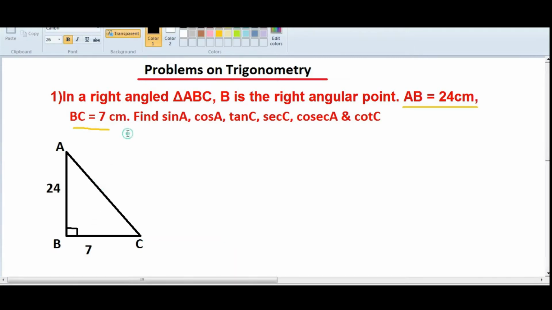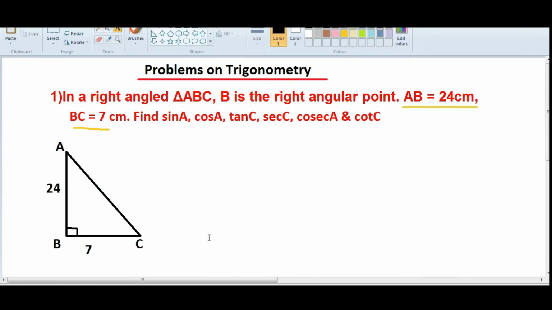Okay, but we are not given the value of AC, so we will just apply Pythagoras theorem in this right angle triangle. So by applying Pythagoras theorem, what we'll get, we know that hypotenuse square equals to perpendicular square plus base square.